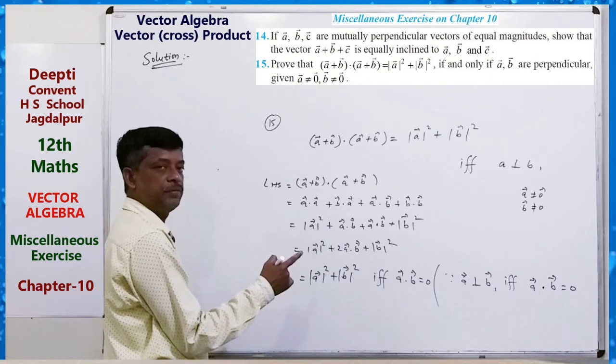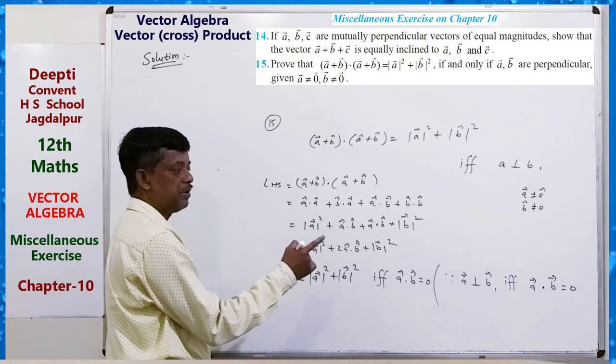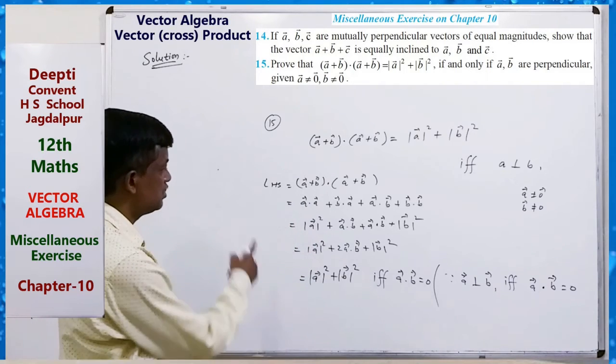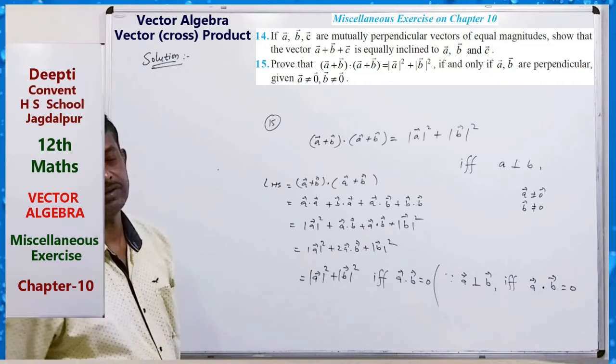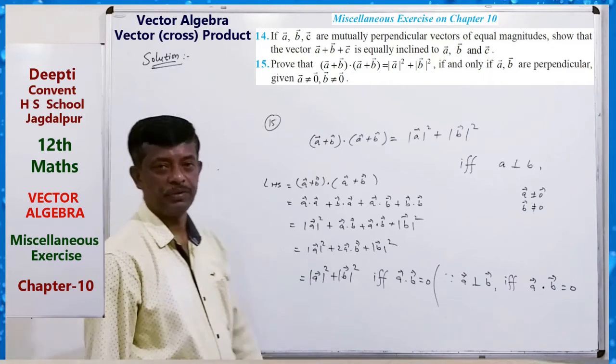Since A perpendicular to B is if and only if A dot B equals 0, this holds if and only if A dot B equals 0. So this is question 15.